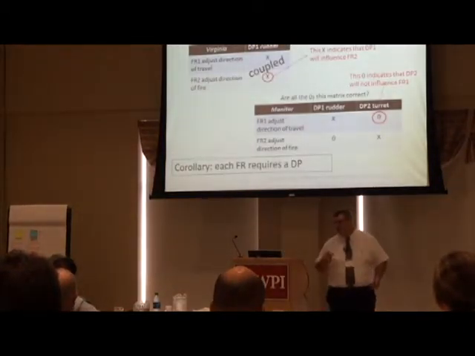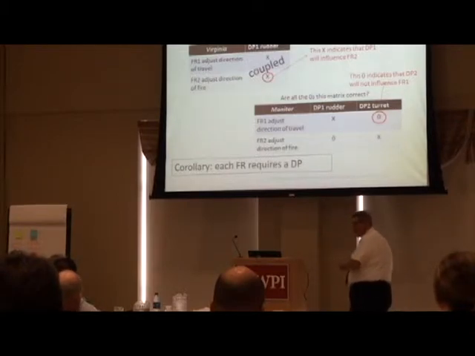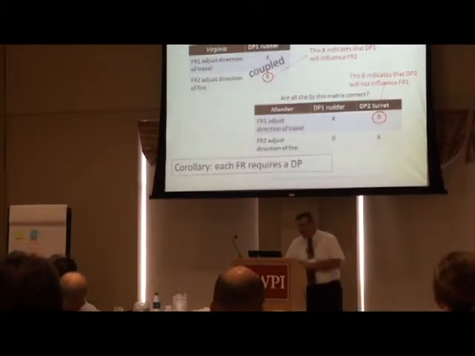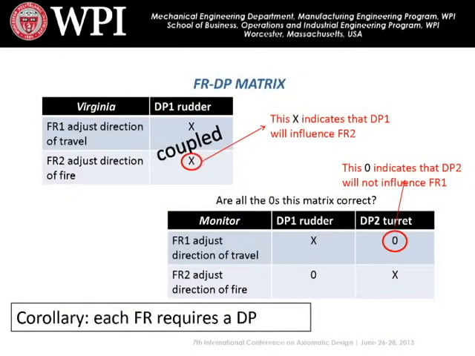So when we start to put a matrix together to see what this looks like, the design matrix for the Virginia, as far as FR1 being adjust the direction of travel and FR2 adjust the direction of fire, these two things are coupled. So it's really difficult to adjust one or the other without affecting the other.